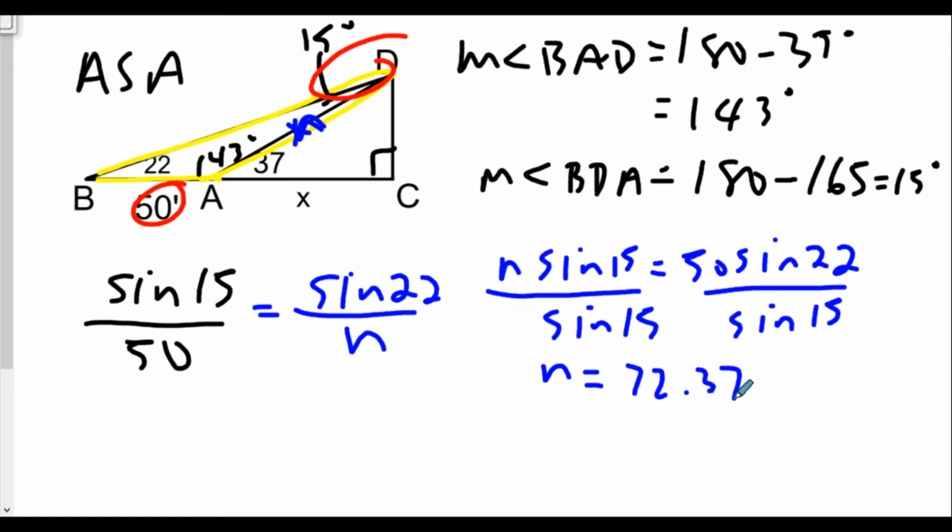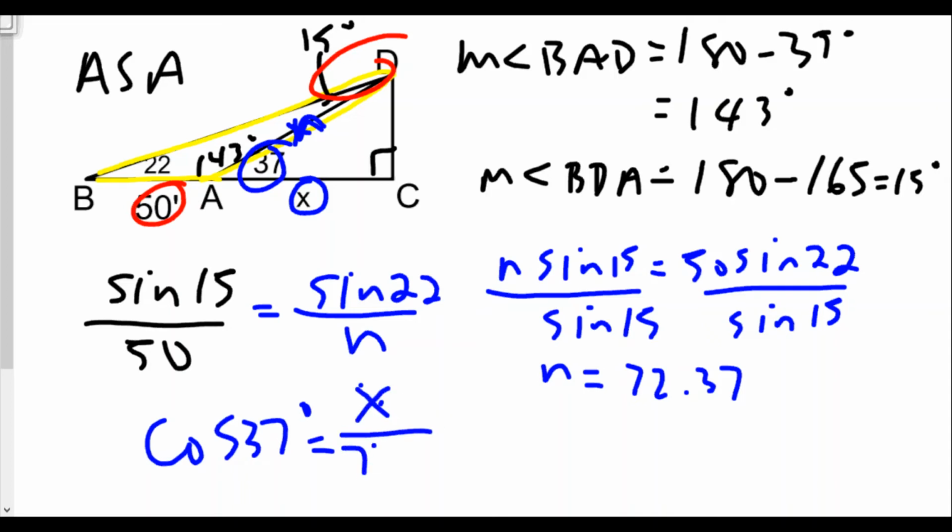So now, if I want to find x, at the angle of 37 degrees, I know that this is the leg adjacent, and we're looking for the hypotenuse, so we use cosine of 37 degrees equals x over 72.37. And so x is equal to 72.37 times the cosine of 37 degrees.